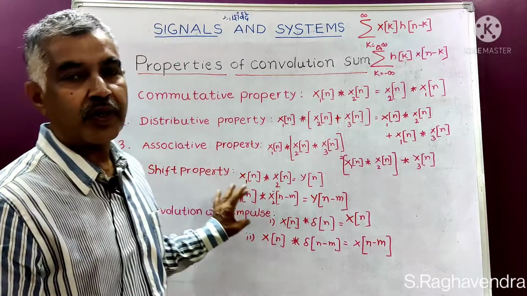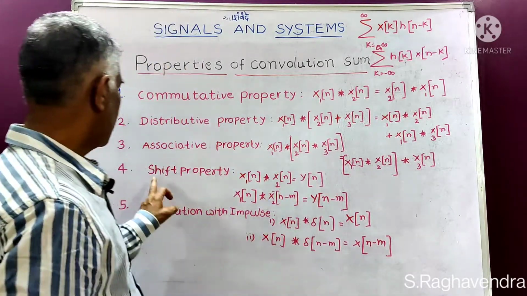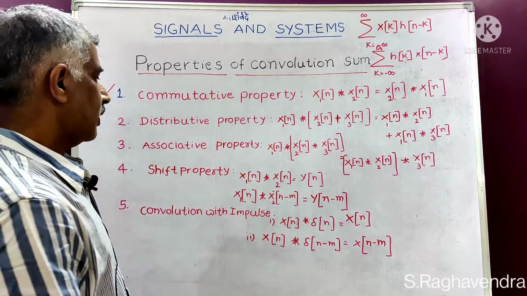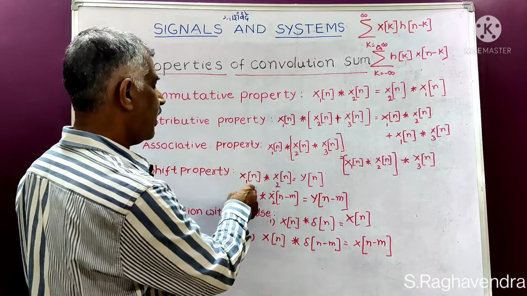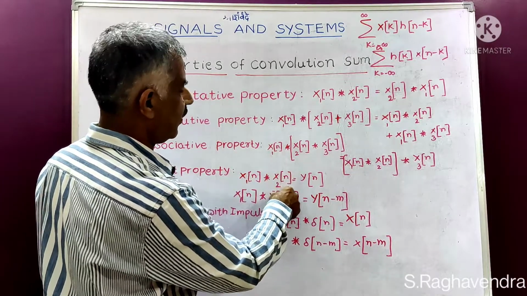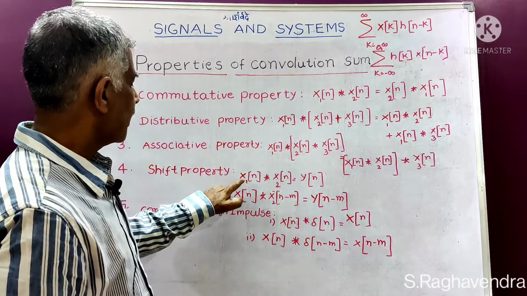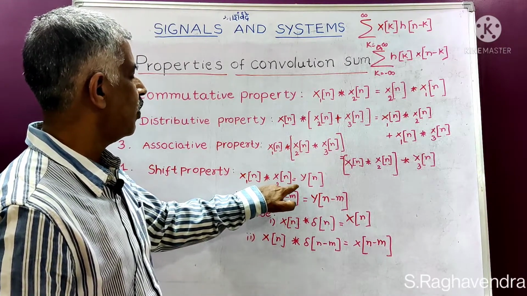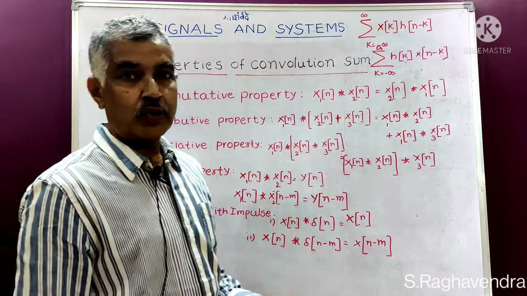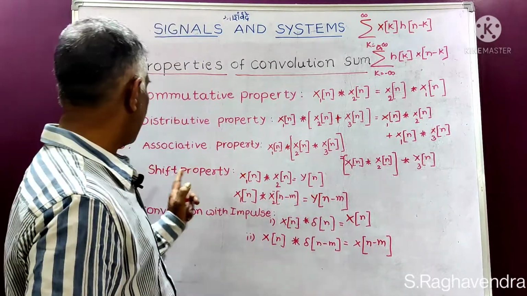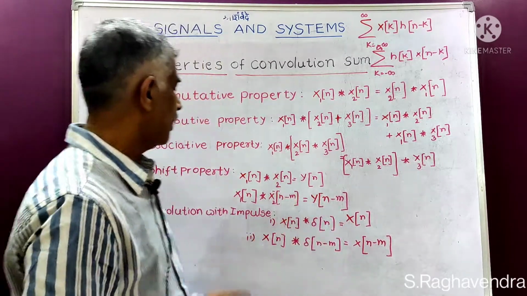The last 2 properties are very important for you. The shift property. Suppose one problem is given, x1 of n convolving with x2 of n equal to y of n. While solving problems, we very much require this property.